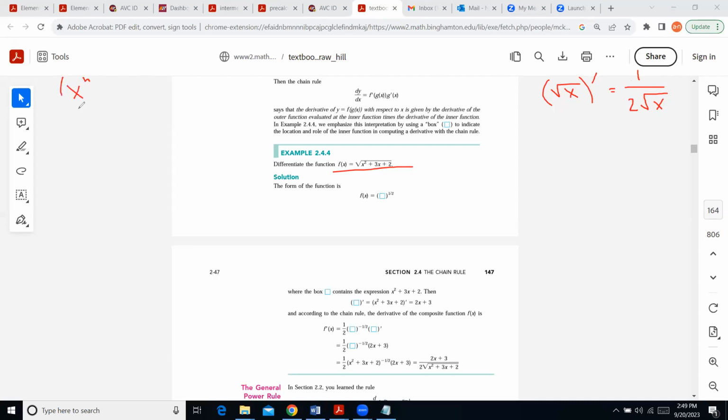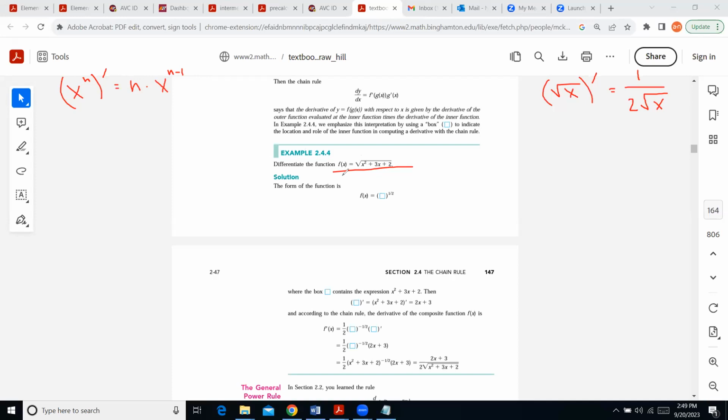So if you take a derivative of some kind of power, then this power will be multiplied by x raised to the power of 1 less.